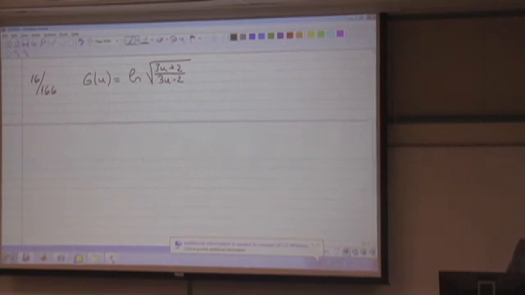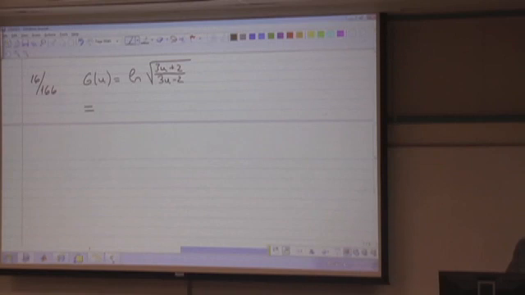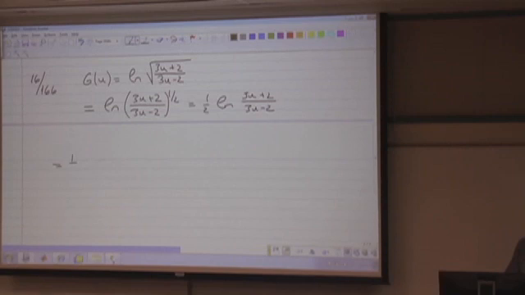So alternatively, you can notice that that is equal to ln of the quantity 3u plus 2 divided by 3u minus 2 to the 1/2. So it's equal to 1/2 times the ln of 3u plus 2 over 3u minus 2, which equals 1/2 ln of 3u plus 2 minus 1/2 ln of 3u minus 2.